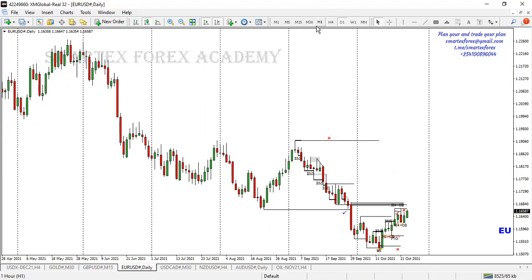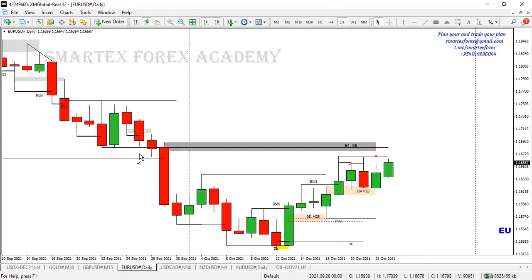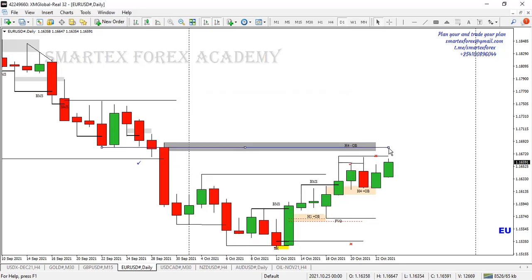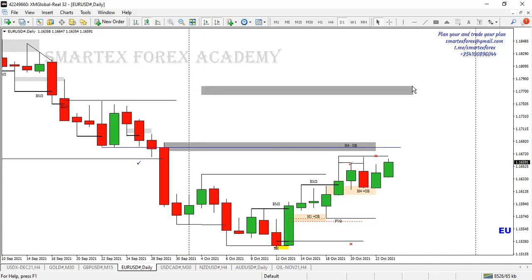And again, if you look at the daily time frame, there is another confluence we have, this mitigation block. Let me make it blue so that you can spot it clearly.